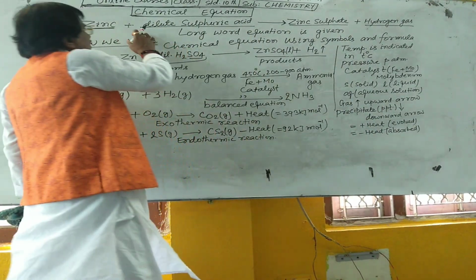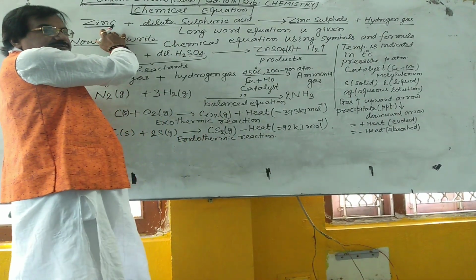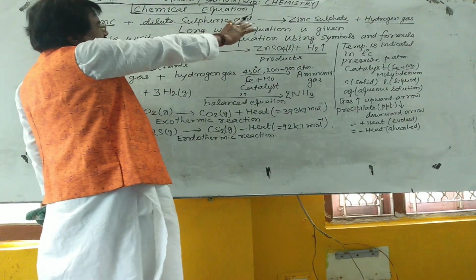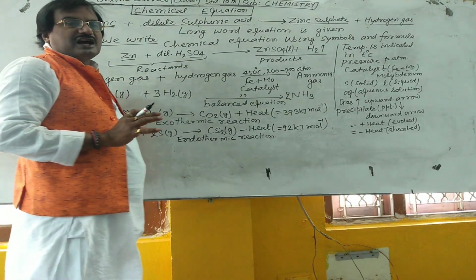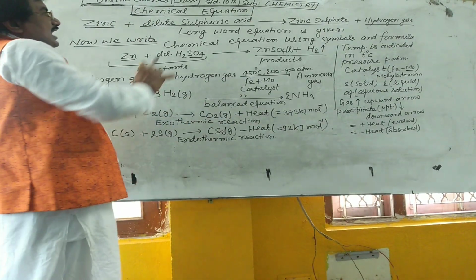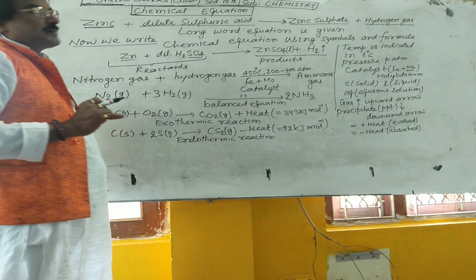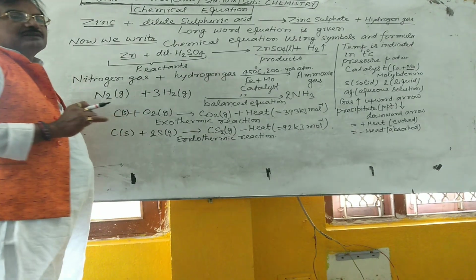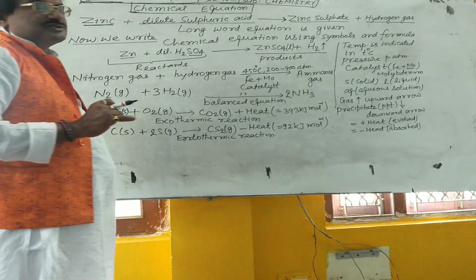This one is called a word equation. Only words are used here, no symbol, no formula. It can be shortened after using symbols and formulas of the elements and compounds.